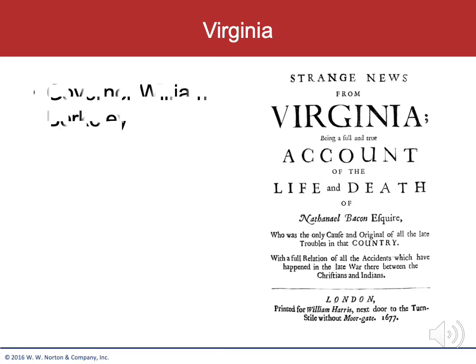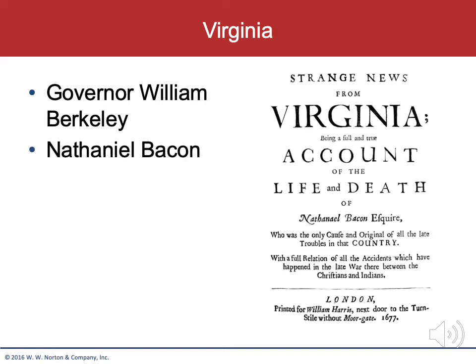So Governor William Berkeley was not a well-liked governor of Virginia, and he used his authority to help the rich at the expense of the poor. And so what happens is he starts this Green Spring Group, I believe it's called. It's this inner circle of landed people, the headright leaders of Virginia.